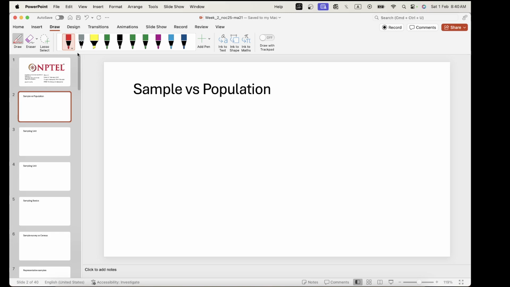Let's say I have defined my population as all Indian individuals with age greater than equal to 70.